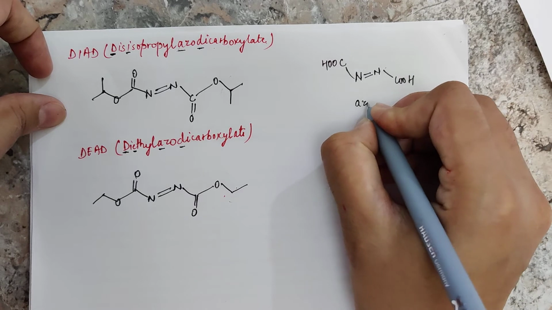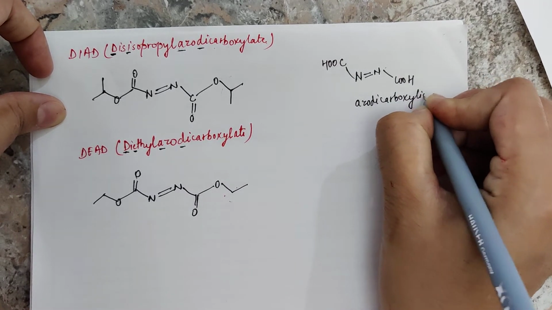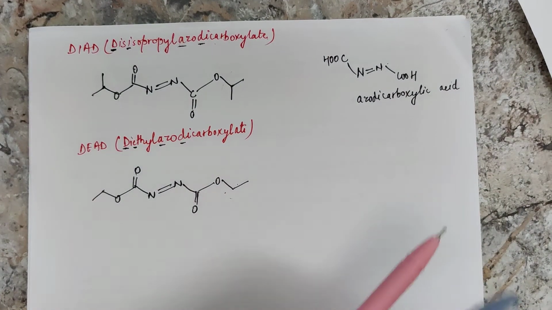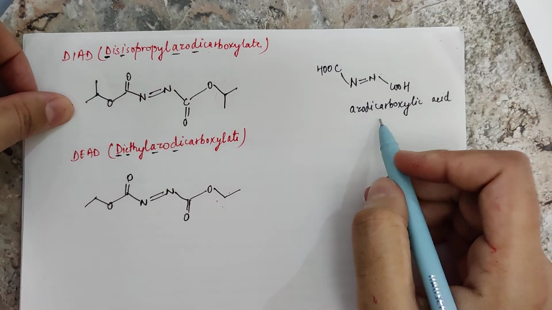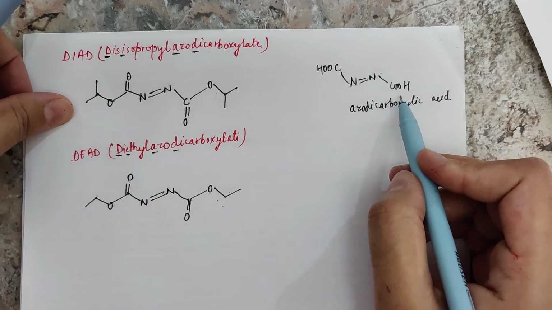This is your azodicarboxylic acid. Now what is happening here is ester formation. So basically DIAD is a diester.